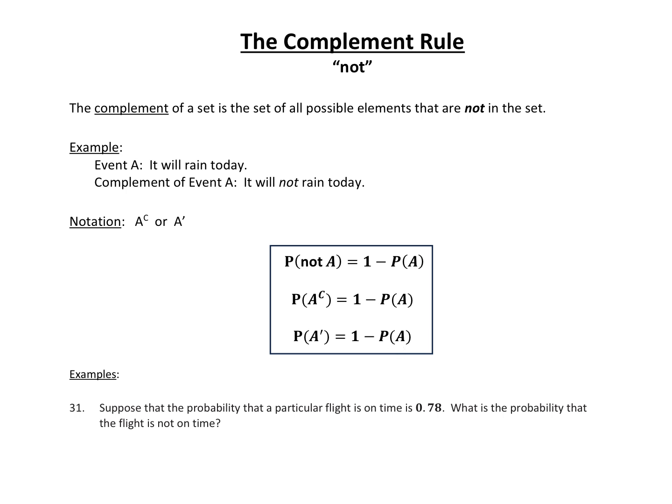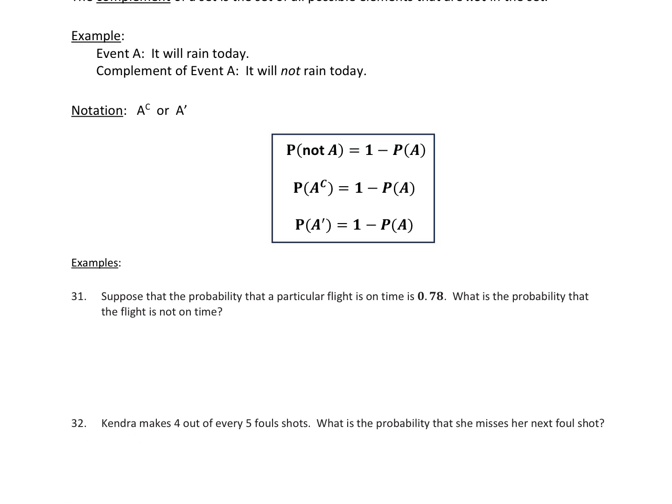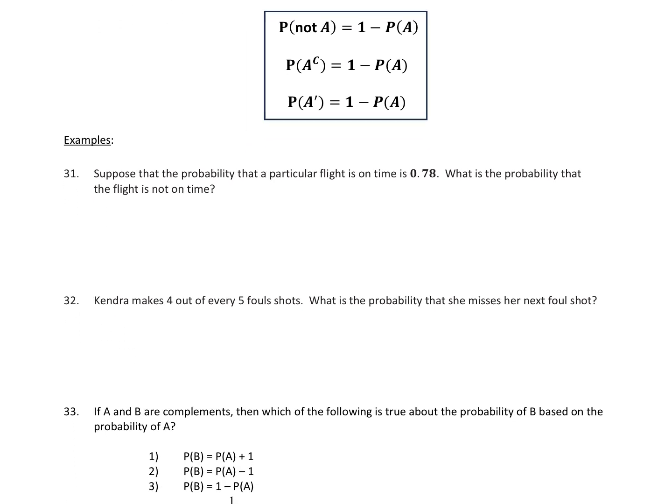Okay, so let's keep that in mind, and let's take a look at some of the examples on the bottom of the page. So number 31 says, suppose the probability that a particular flight is on time is 0.78. What is the probability that the flight is not on time? All right, so we see this word not, and that tells us we're looking for the complement.